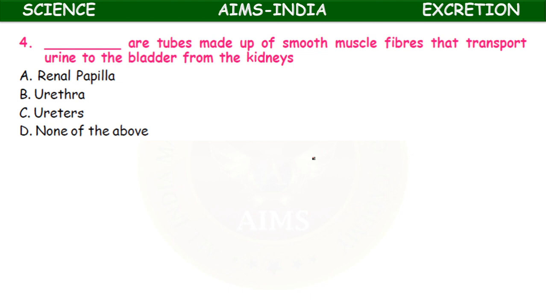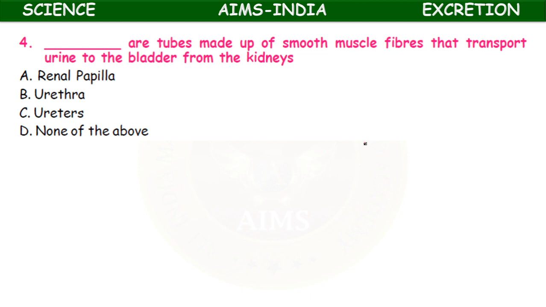Dash are the tubes made up of smooth muscle fibers that transport urine to the bladder from the kidneys. Renal papilla, urethra, ureters, none of the above.